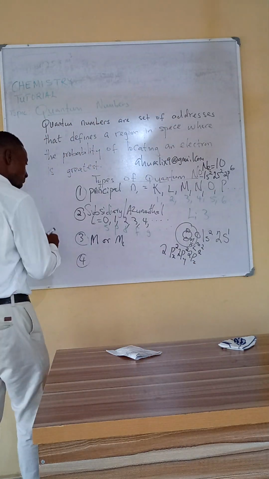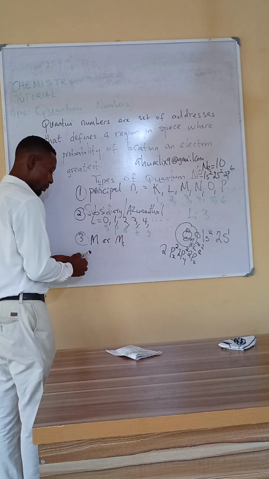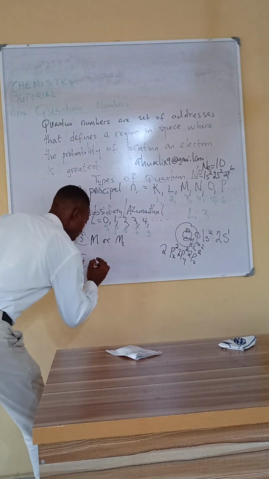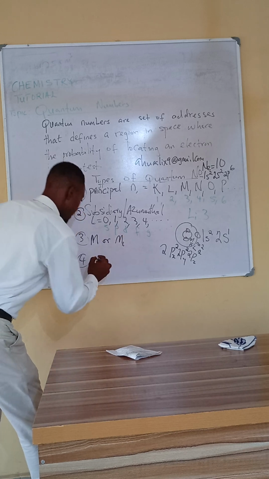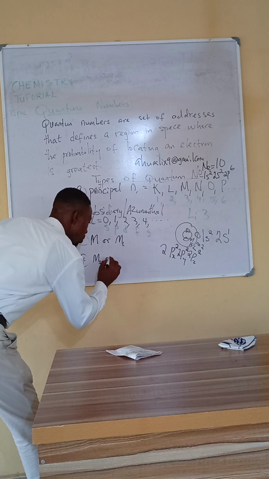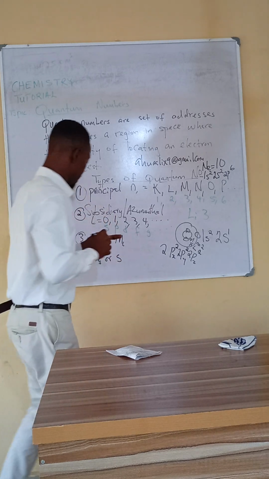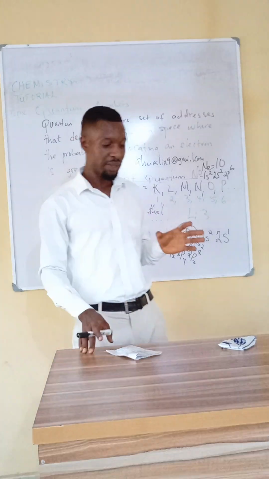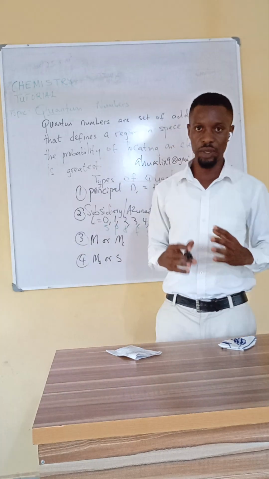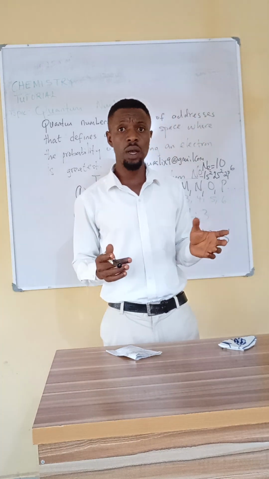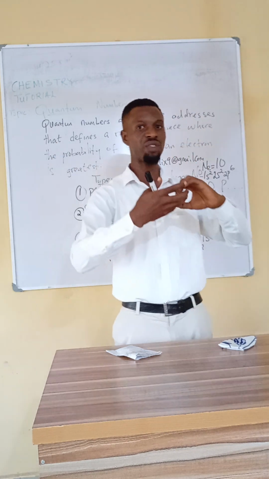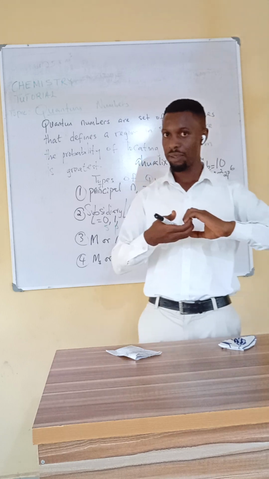Now, let's look at the fourth quantum number, which is the spin quantum number. The spin quantum number is designated by ms. The spin quantum number talks about the spin of these electrons. Because we understand that unlike charges tend to attract, positive and negative tend to attract.